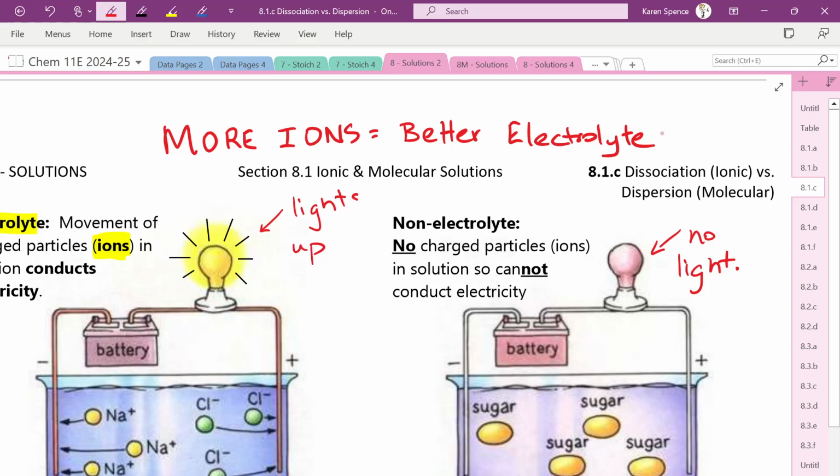We have 1 molar C12H22O11. Not going to light up. Let's see. And lo and behold, it does not light up. Woo! Okay.